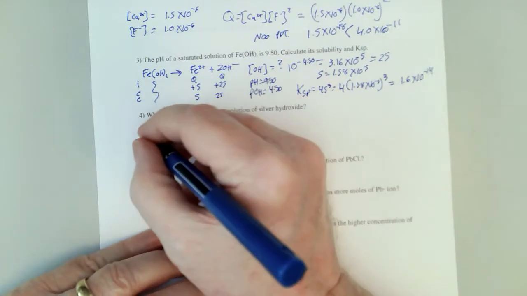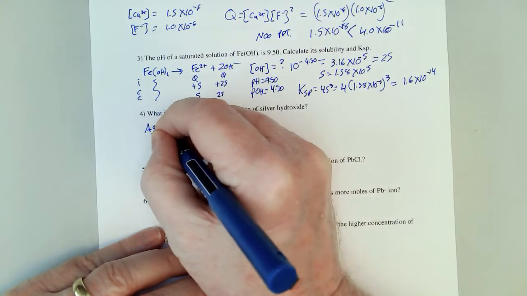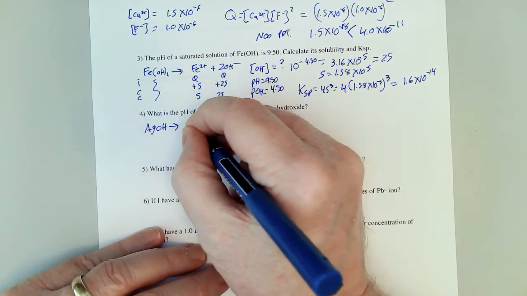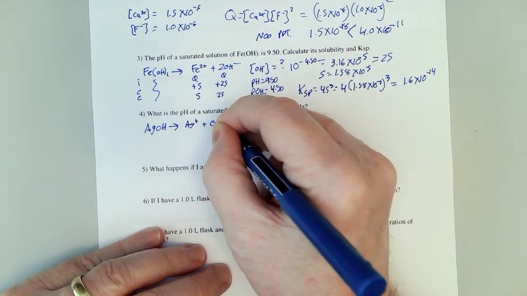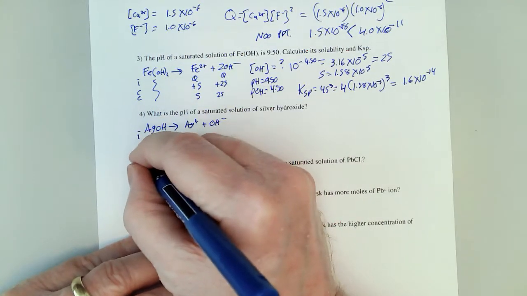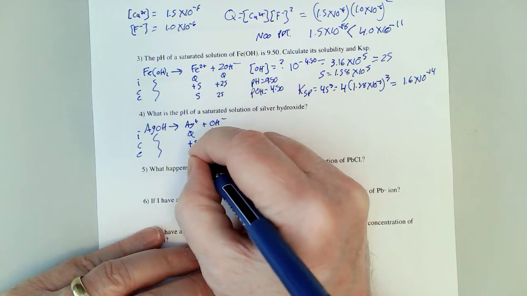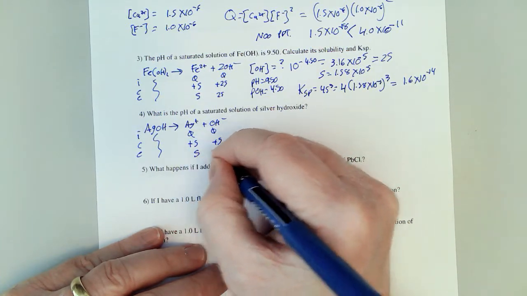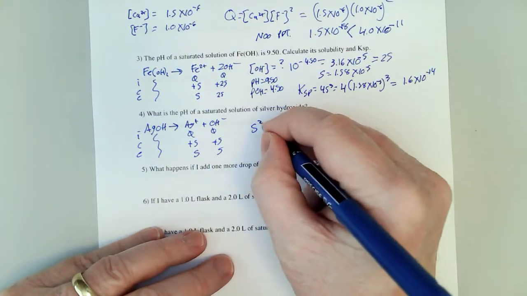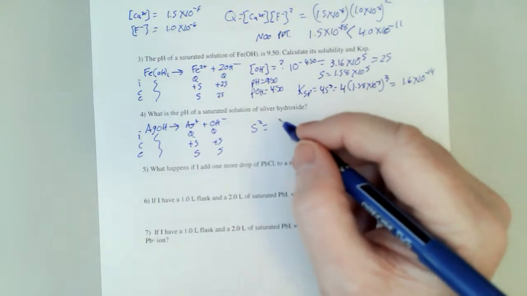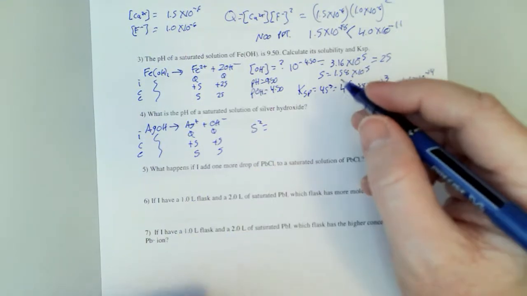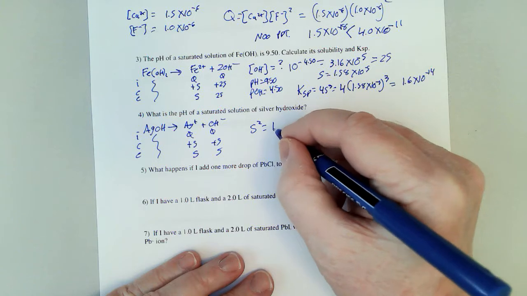So for silver hydroxide, AgOH breaks down into Ag+ and OH-, ICE, initial 0, 0, change plus S, S. Ksp equals S squared. So I went back a few pages, I looked up the Ksp, and it's 1.5 times 10 to the negative 8th.